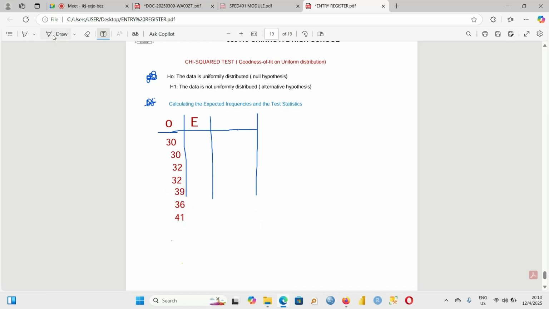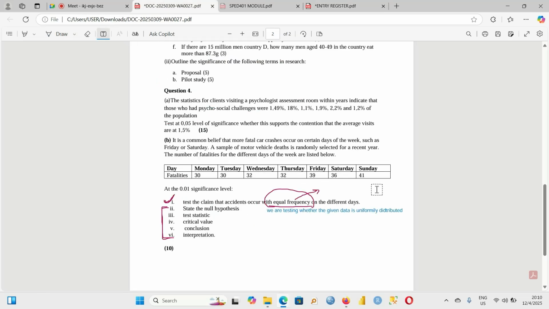So these are the observed frequencies from Monday, Tuesday, Wednesday, Thursday, Friday, Saturday, Sunday. We just check them from the table.